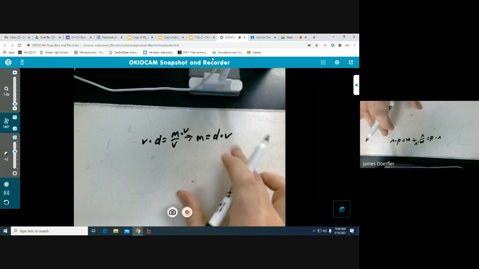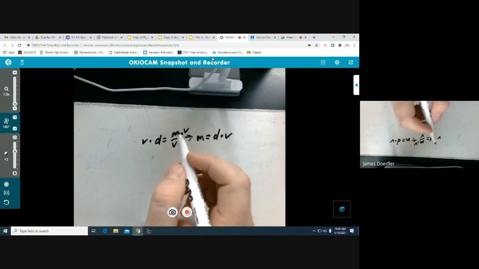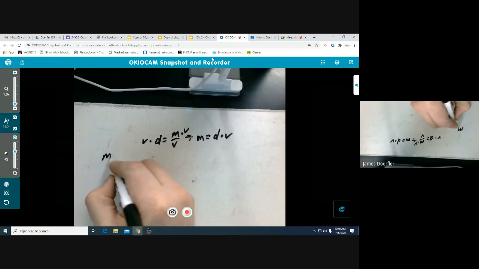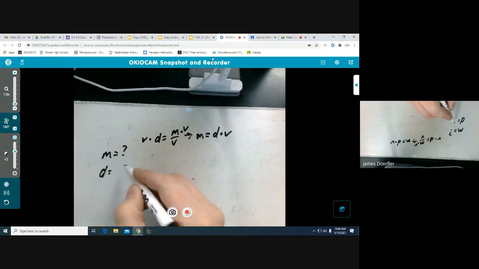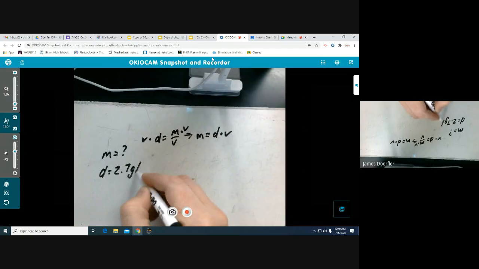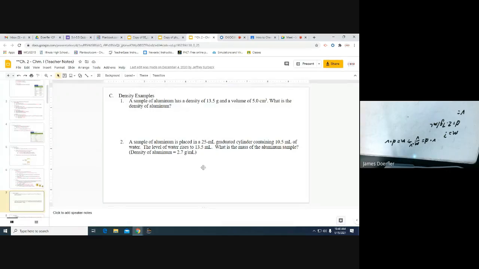Before we get into putting our values in here, I like to organize my information. Again, mass is what we're trying to find. The density, we are told, is 2.7 grams per milliliter. Our volume is really the only question because we're not told directly what it is. So let's go back to the question.